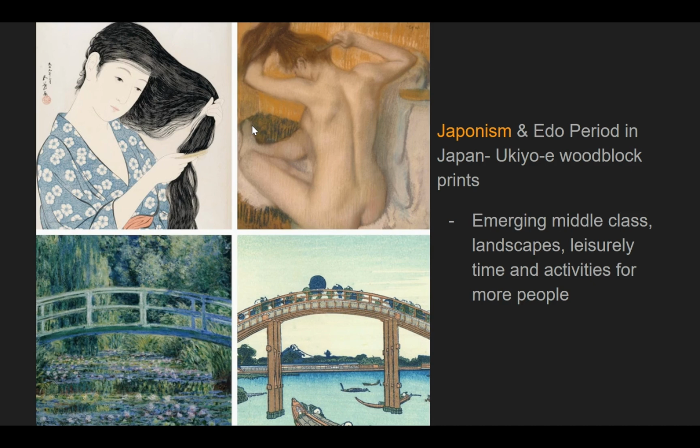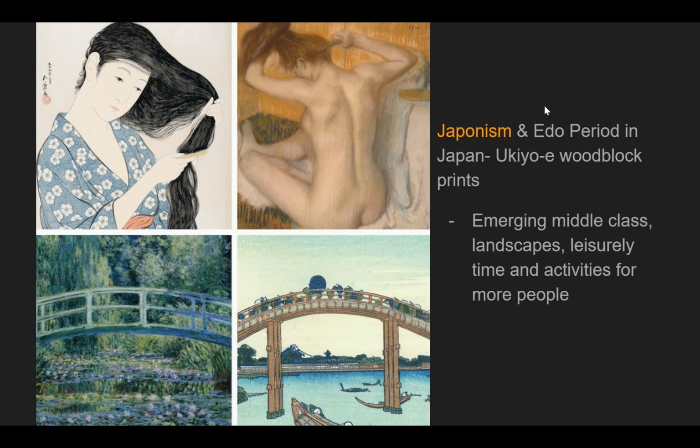And so what's happening is really interesting, because in Paris, we have this increase of the middle class. We have this first time, really, there's time for leisurely activities. There's free time. Well, the same thing has been happening in Japan under the Edo period.